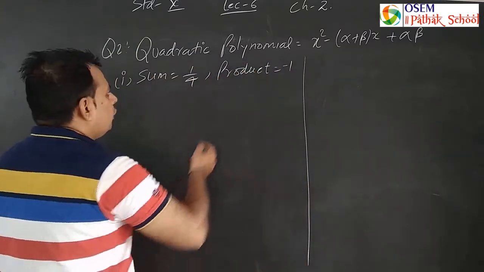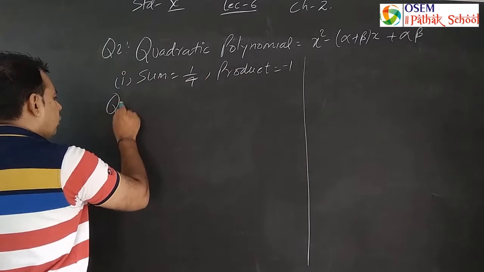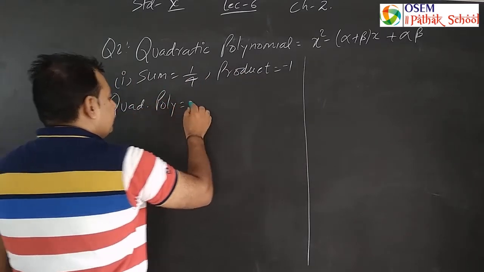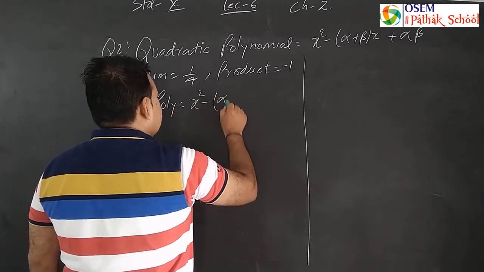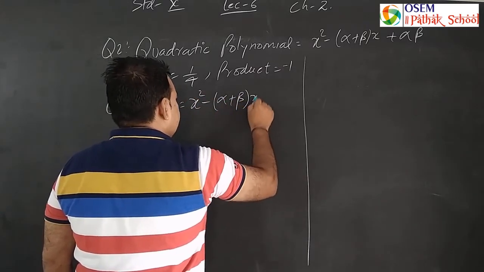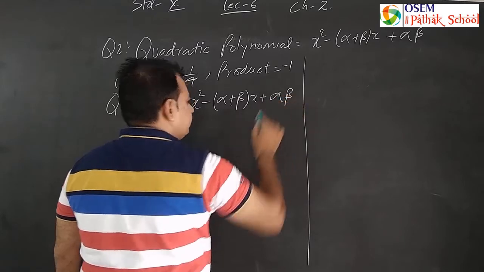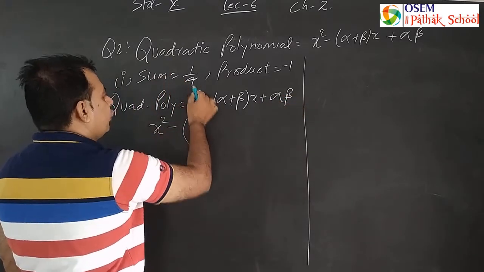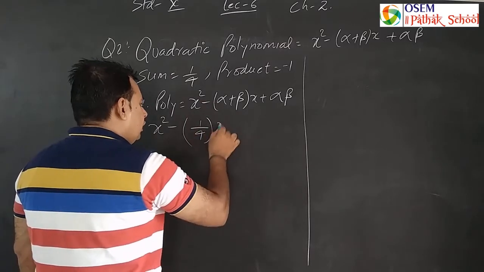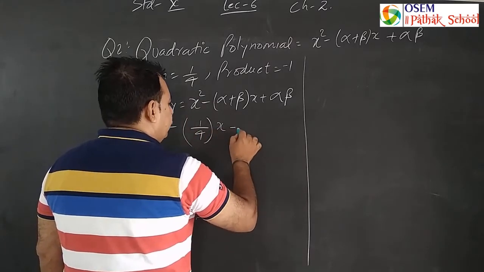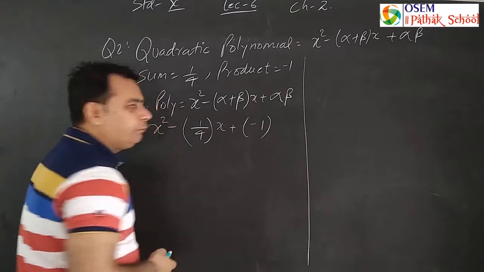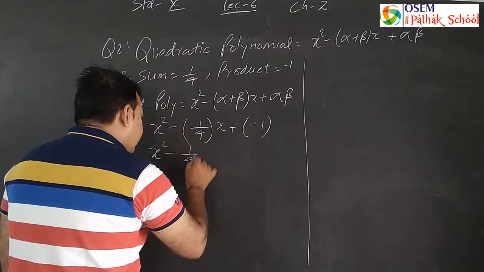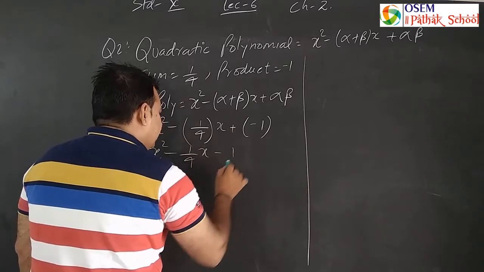So I am applying the quadratic polynomial formula, that is x square minus sum x plus product. x square minus, now put the value of the sum, 1 by 4 x, plus the value of the product, minus 1: x square minus 1 by 4 x minus 1.